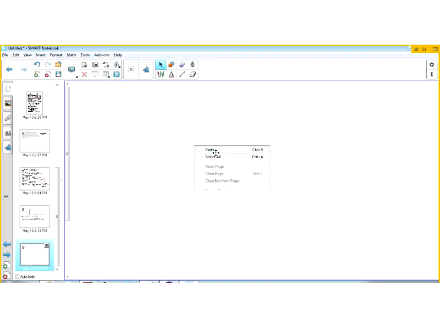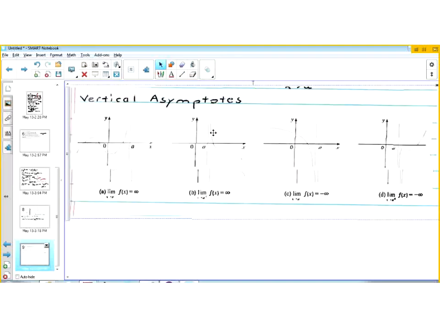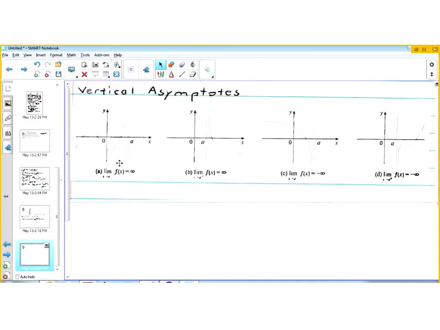So vertical asymptotes can be determined by one-sided limits as well, as shown in this illustration. So in figure A, note that as x approaches a, the output goes to infinity. So x equals a is a vertical asymptote, even though the function is not defined for x greater than a.